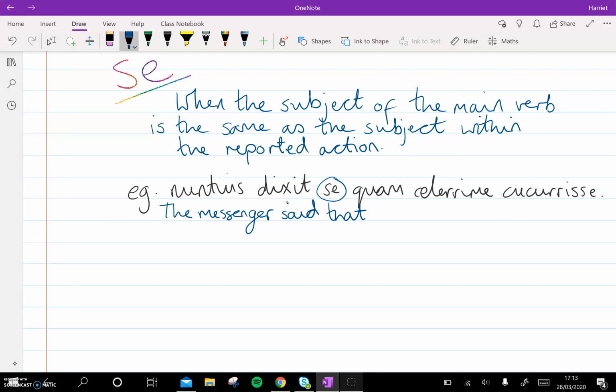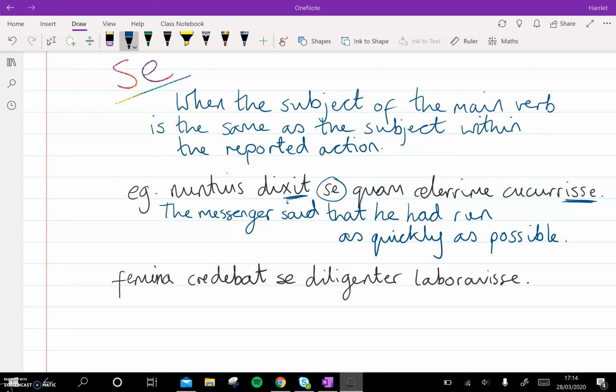Now se always refers back to whoever is doing that main verb. And who's doing the main verb here? The messenger. We don't need to say the messenger again. So the messenger said that he, referring to himself, cucurrisse, a perfect infinitive, but this verb was perfect, so said that he had run quam celerrime, as quickly as possible.